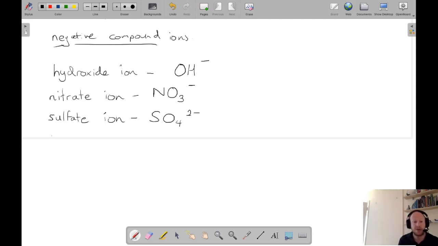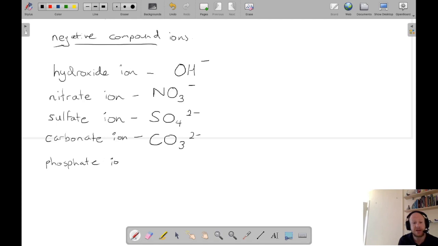The next one we've got is the carbonate ion. We see carbonate ions in a lot of solid bases. So if in an acid-base reaction the base is solid, it is sometimes a carbonate. And these have the formula CO3 2 minus. That's 1 carbon atom, 3 oxygen atoms, and a 2 minus charge there. Lastly, we have the phosphate ion.